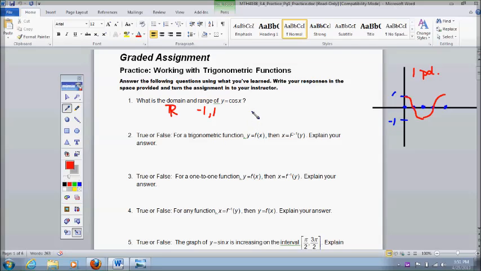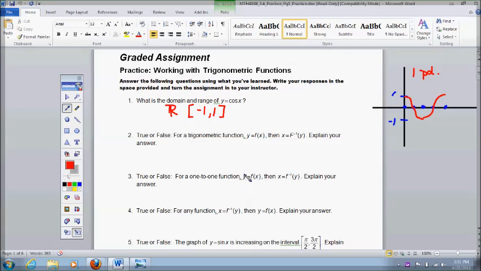You can write that in different ways. If you want to write the domain and range in interval notation, you could just write it like this, and that'll work. Okay, continuing on.